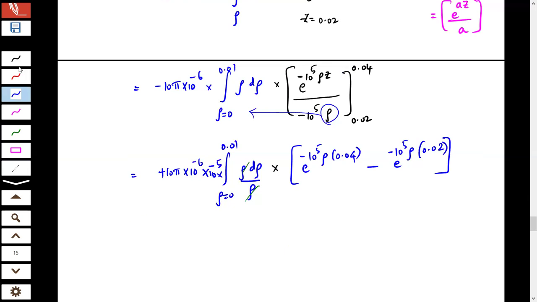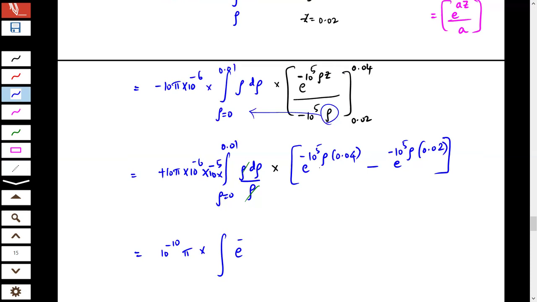Now we should perform integration with respect to rho. So this can be taken as 10 power minus 10 pi into integration. You have two terms, e power minus 10 power 5 into 0.04.